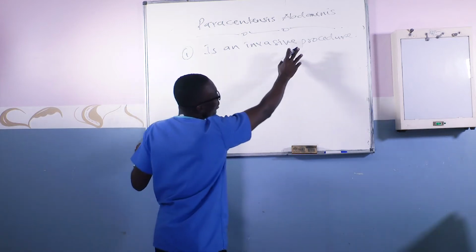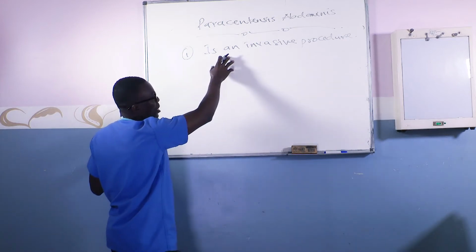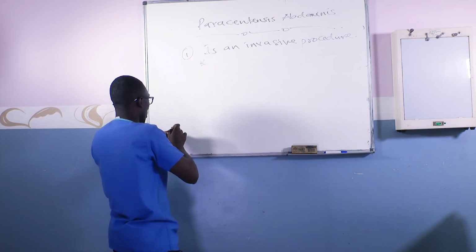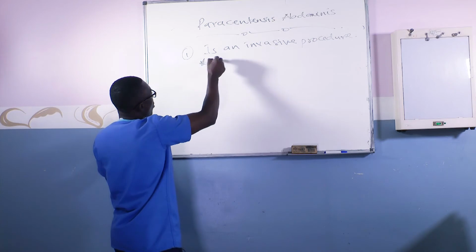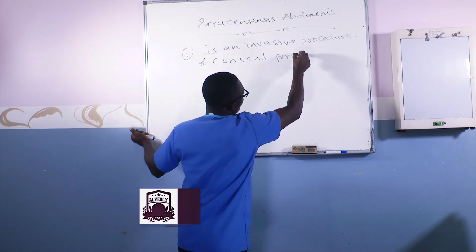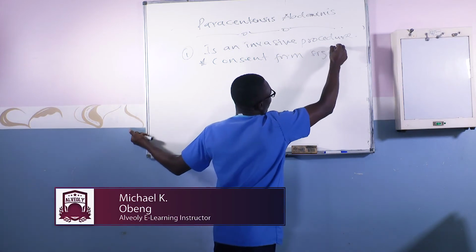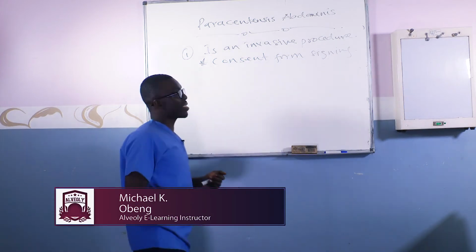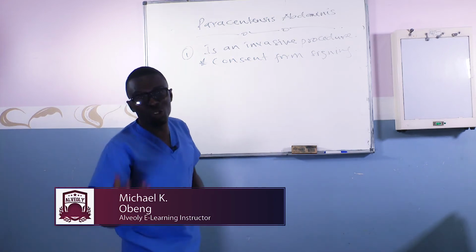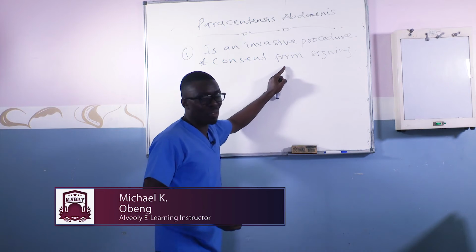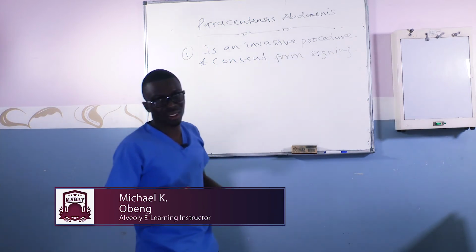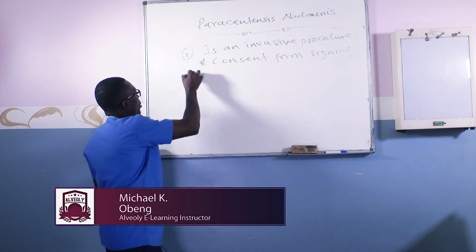So for all invasive procedures, the most important thing here is the consent form. So as a nurse, it is your duty to explain the procedure to patients and to reassure the signing of the consent form. Why? Because the procedure is an invasive procedure.